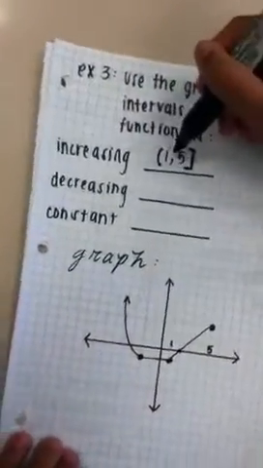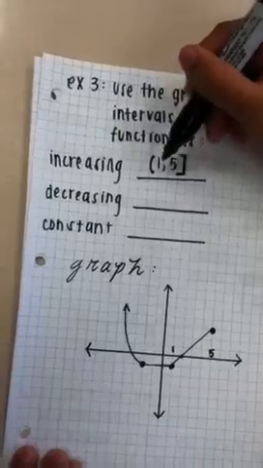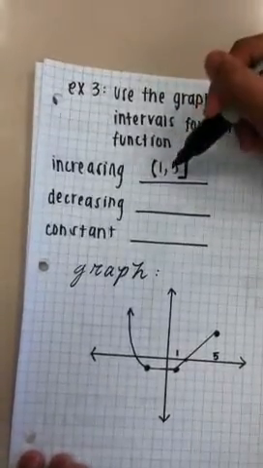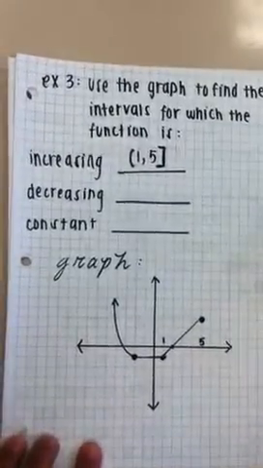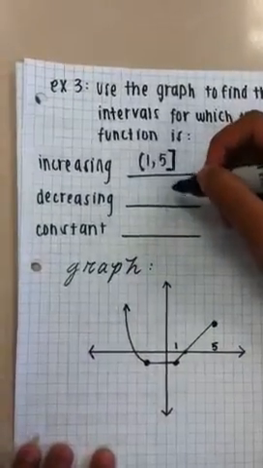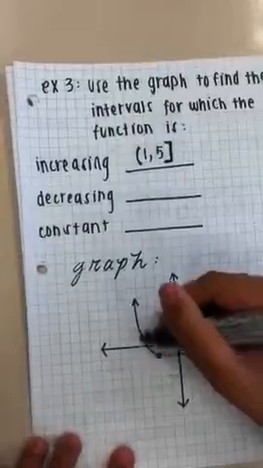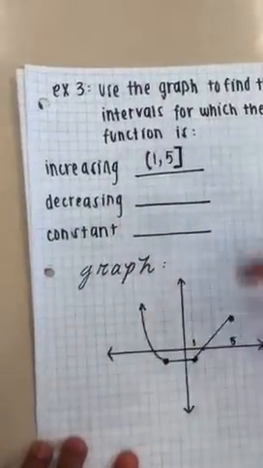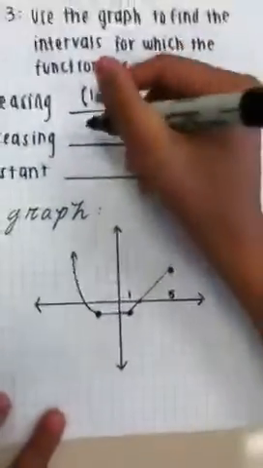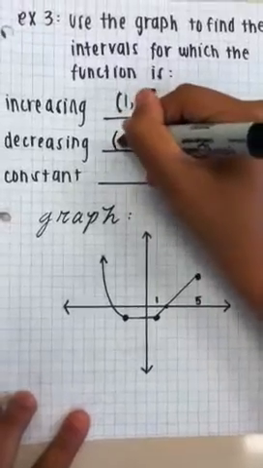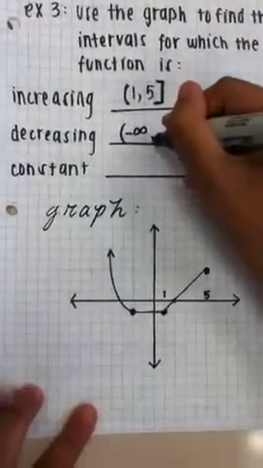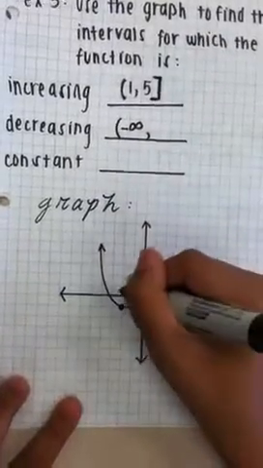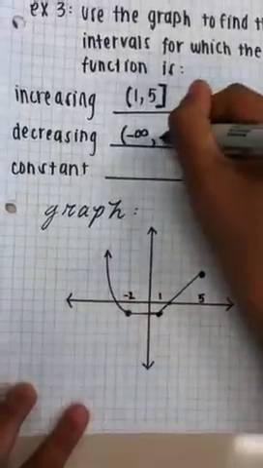So we know that the interval will be 1 to 5 for increasing because it's going up this way. For decreasing, there are infinite points on this side of the graph. So the first interval will be negative infinity, because it's going in a negative direction, and negative 2.